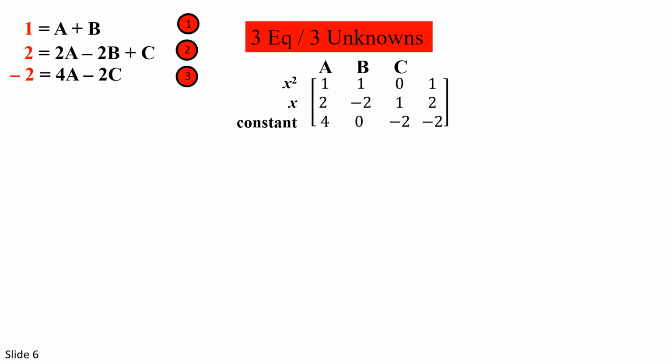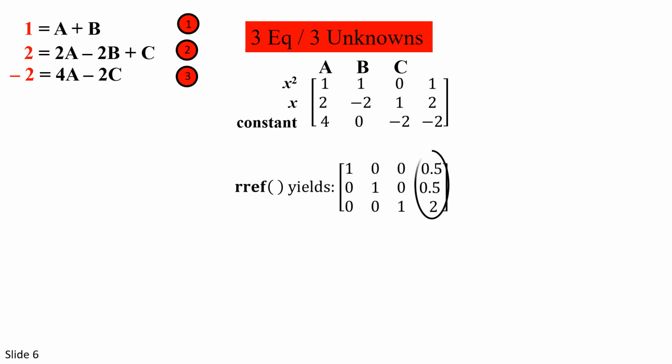Set it up as a matrix. 1, 1, 0, 1, 2, negative 2, 1, 2, 4, 0, negative 2, and 2. Top row is quadratic, middle is linear, bottom is constant, first column is a, second column is b, third column is c, and last column is the solutions.